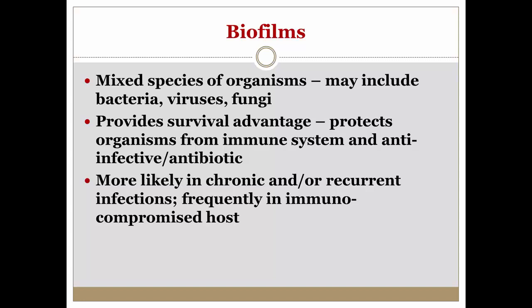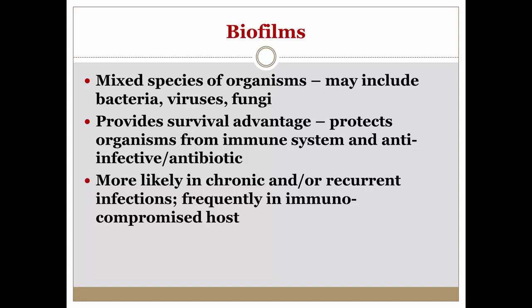I call this microorganism sludge, because it may be a variety of bacteria, viruses, and fungus all in this sludge. But what this biofilm, my sludge, does is that it provides a survival advantage because it protects these organisms from the immune system as well as protects the organisms in this biofilm from anti-infectives and antibiotics.